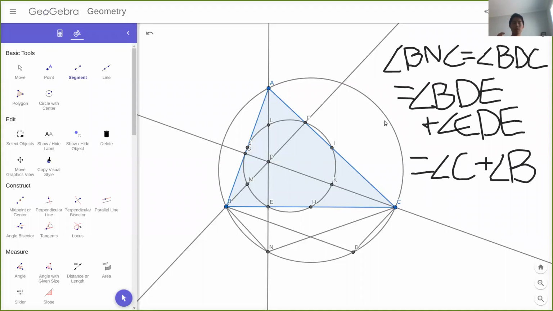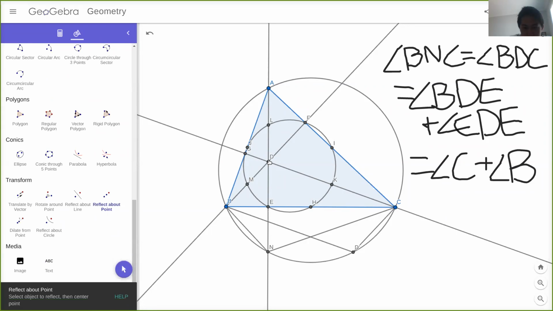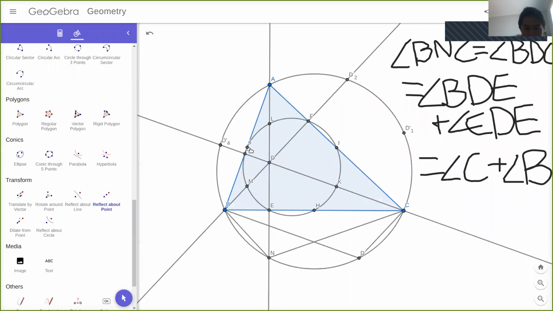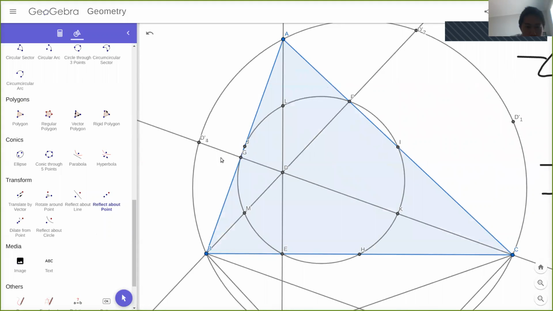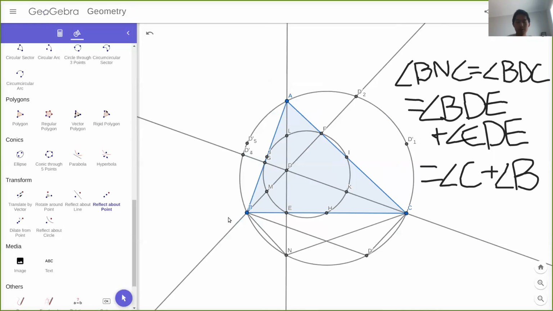So twice of all these points end up on the big circle. So again, we can do reflections of all these points, D across J. When we do a reflection of all these points, all these 9 points, we see that they do end up on the big circle.